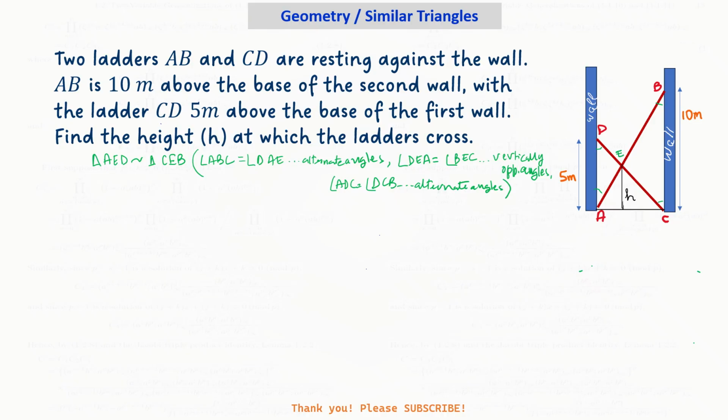So with these two triangles similar to one another, now the sides would be proportional, the corresponding sides. So therefore we can write AD out of BC is equal to DE out of EC. So it will be the corresponding sides. These two angles are equal, and this angle is equal to this angle.